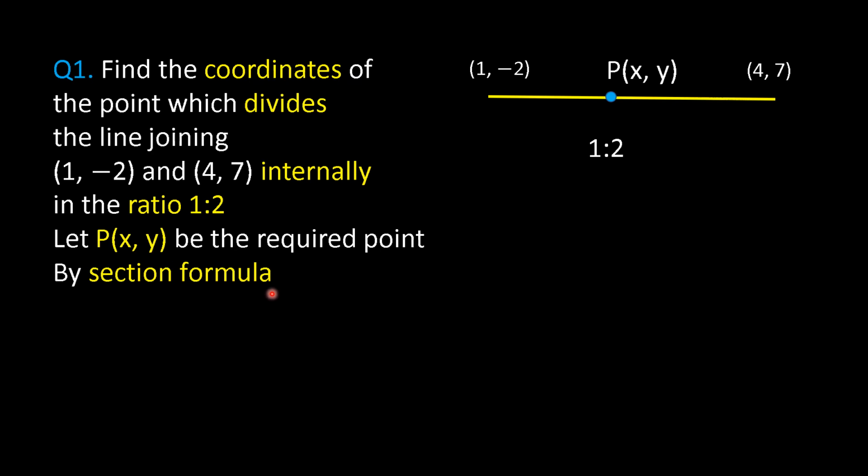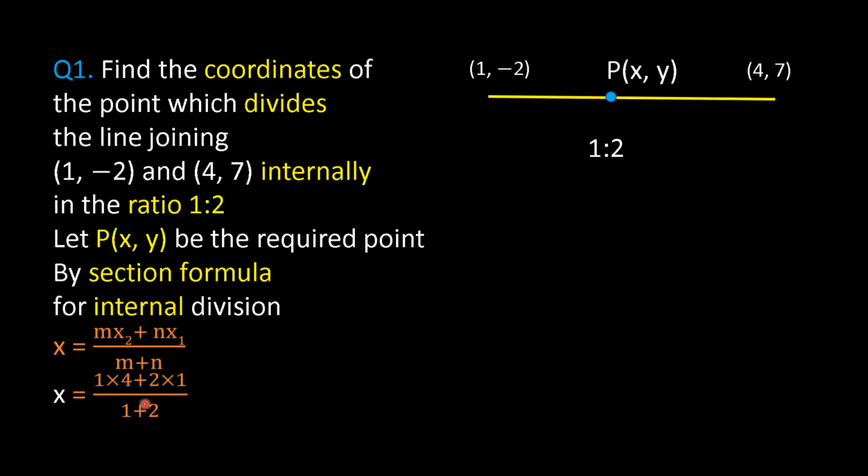By section formula for internal division, we write x equals (mx2 + nx1) upon (m + n). We will substitute the values, so it will be (1 multiplied by 4 plus 2 multiplied by 1) divided by (1 + 2). That gives us 2.